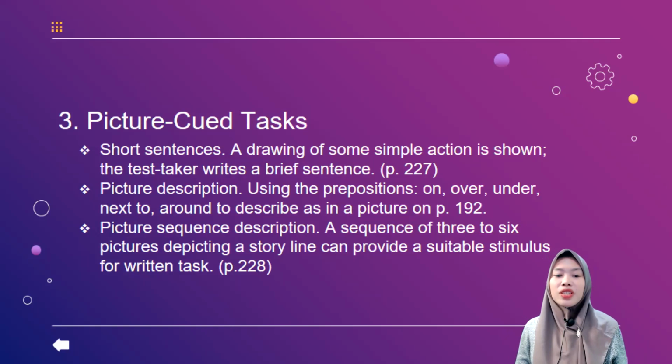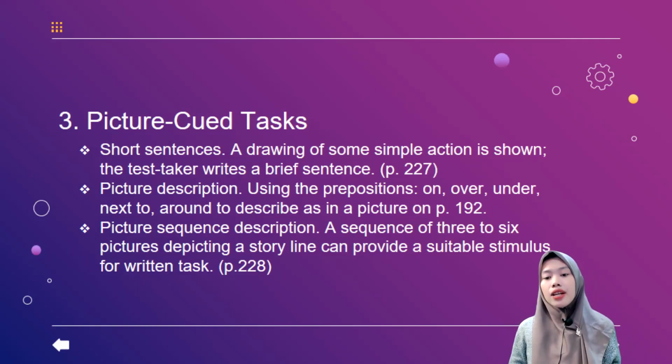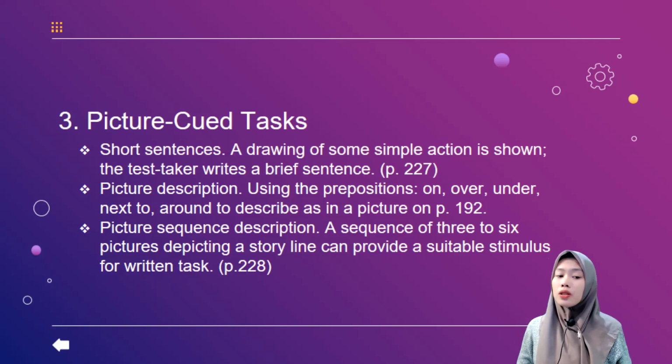And then the second is picture description, using the prepositions on, over, under, next to, around to describe items in a picture. And then the last is picture sequence description: a sequence of three to six pictures depicting a storyline can provide a suitable stimulus for a written task.